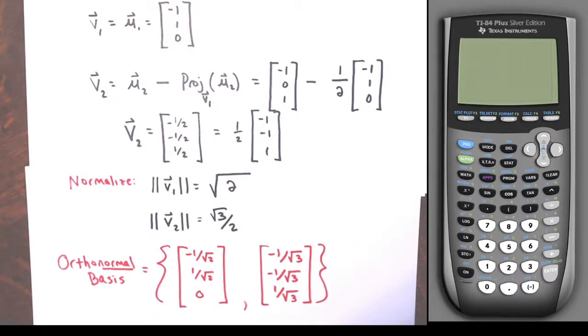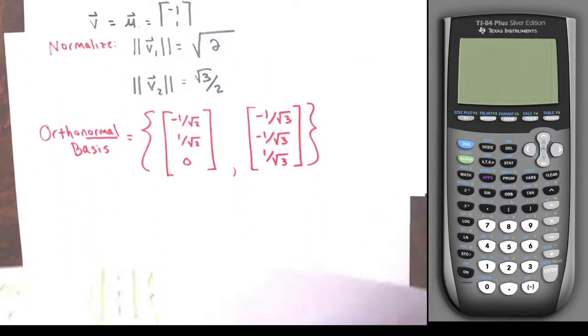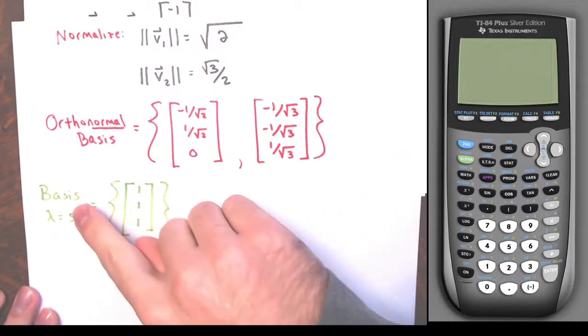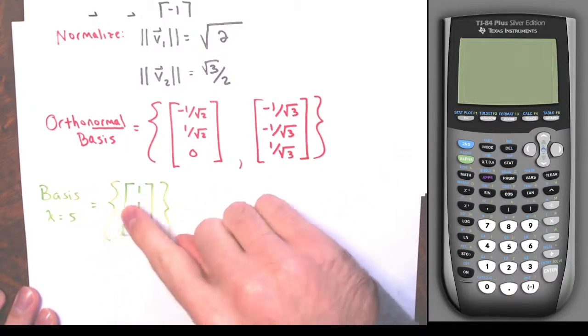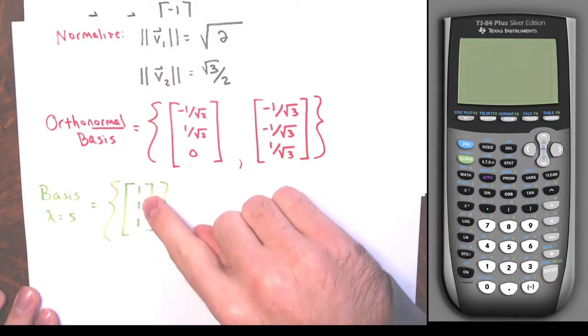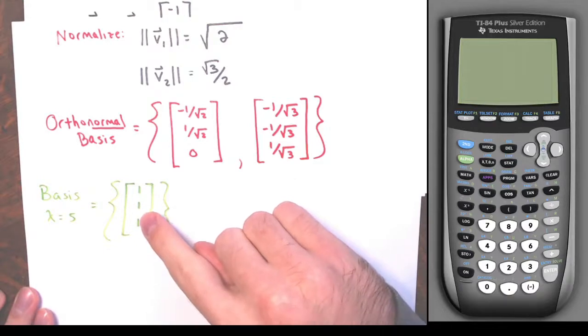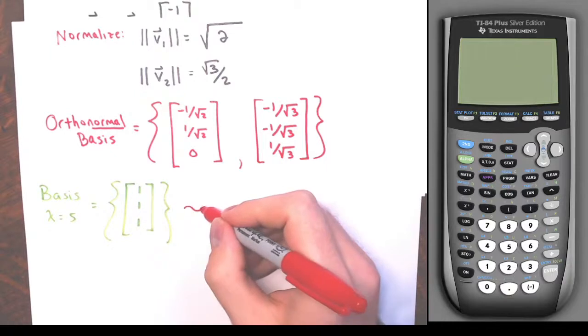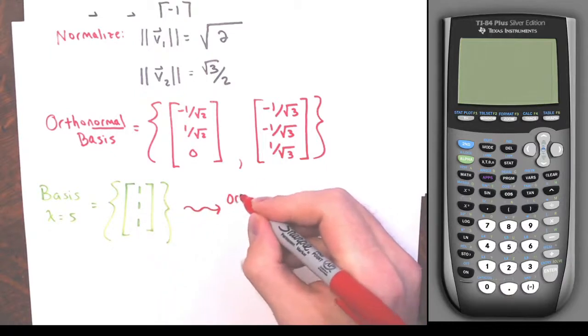And so that was for when lambda was 2. The only other eigenvalue was when lambda was 5. The basis for the eigenspace when lambda was 5 is the vector 1, 1, 1. The norm of this vector under the dot product would be the square root of 3 again. So I'm just going to divide this by the square root of 3, and we get our orthonormal basis.